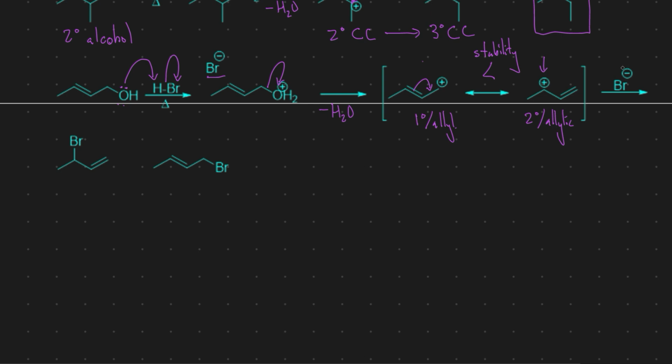So what happens is the bromide anion is going to attack here, we'll call this A, or here, we'll call this one B. And so we get our A product, secondary substitution, still allylic, and then we have our primary substitution, which is also still allylic. So this would be the major product, and this would be the minor product.